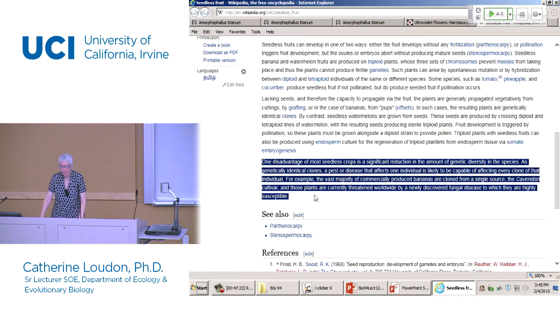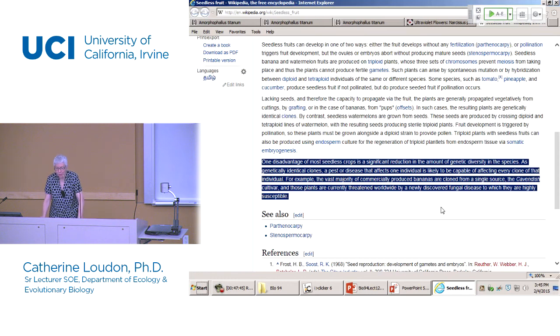One disadvantage of most seedless crops is a significant reduction in the amount of genetic diversity in the species. As genetically identical clones, a pest or disease that affects one individual is likely to be capable of affecting every clone of that individual. For example, the vast majority of commercially produced bananas are cloned from a single source, the Cavendish cultivar.